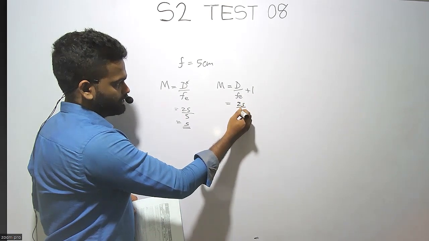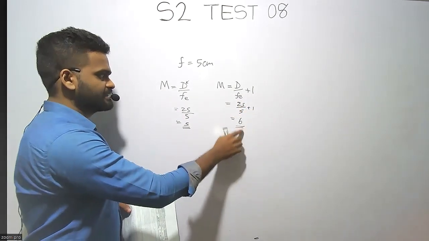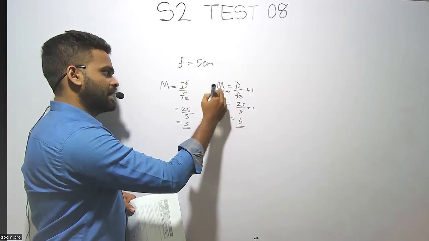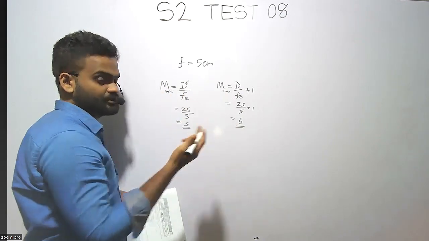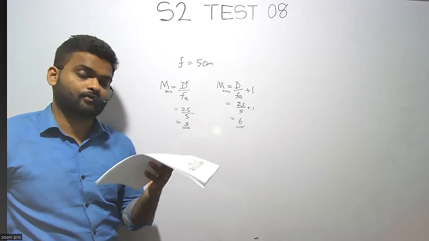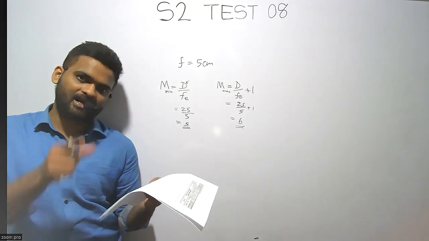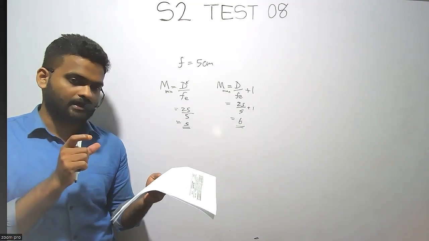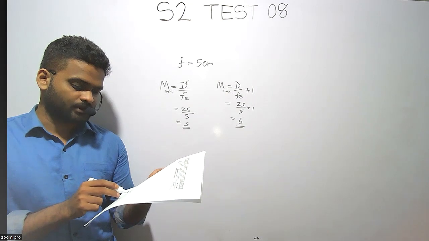Then here, 25 over 5 plus 1, so it should be 6. So this is the maximum angular magnification. This is the minimum angular magnification of a simple microscope, given that the focal length is 5 centimeters. The simple microscope has only one lens, right? Only one lens. So the answer should be the second one for that.